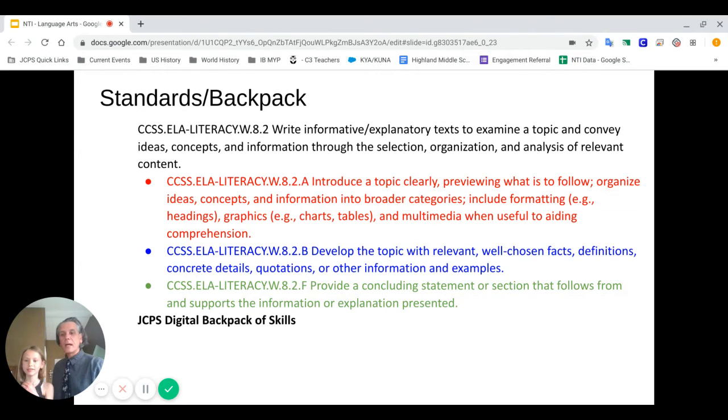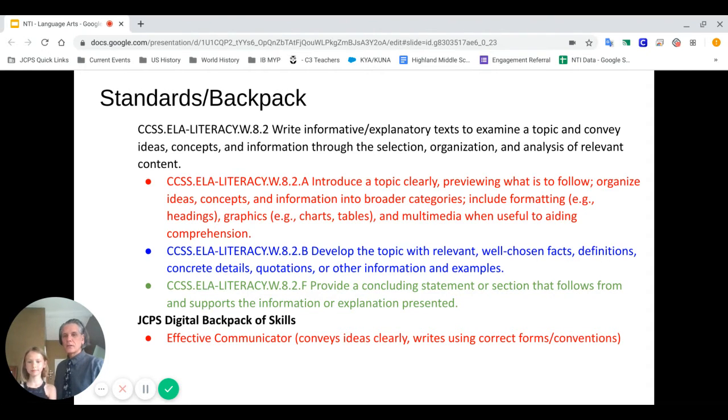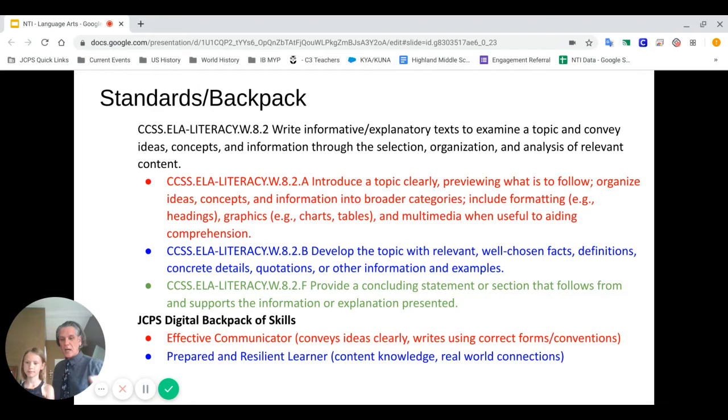All right. Ignore that, because your teacher will not be uploading things into your backpack. But you may upload these things into your choice as always, the effective communicator, which means that you convey ideas clearly. Prepared and resilient learner, because if you're writing a clear introduction that has a hook and a thesis statement, and you're writing a solid body with details, and you're writing a conclusion, then you are showing that you have content knowledge.